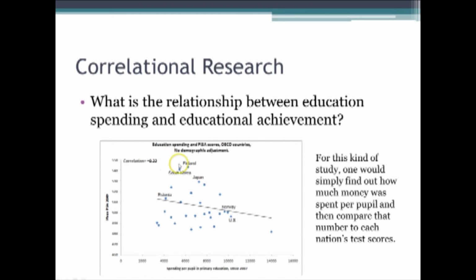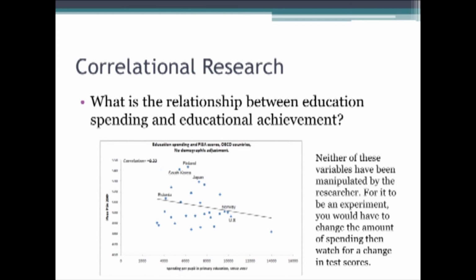So we look to see the relationship between spending and the test score achievement. In this case, it is a negative relationship. So that's a correlational study. We didn't manipulate anything. We didn't randomly assign different countries to spend different amounts of money on their children's education to see what the outcome is. Just correlational.